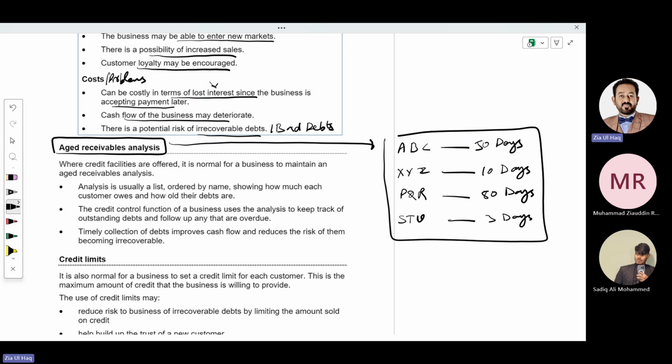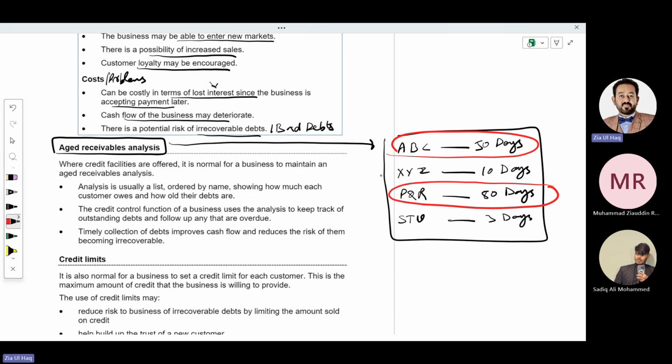You need to perform this on a monthly basis so that you can recover money from them. Especially you have to immediately recover money from him, otherwise they will become bad debts, because 80 days means about 3 months the balance is due. After this you have to recover money from this one, because this is also about 2 months.